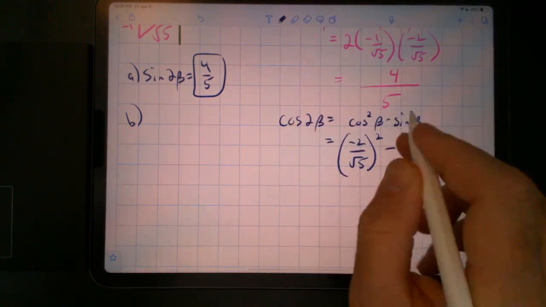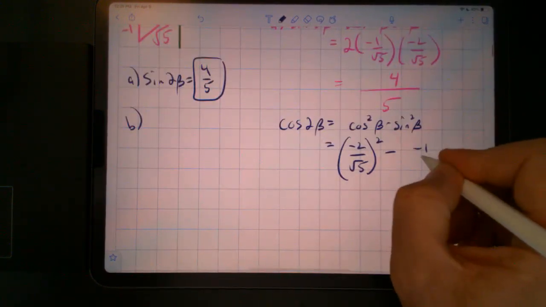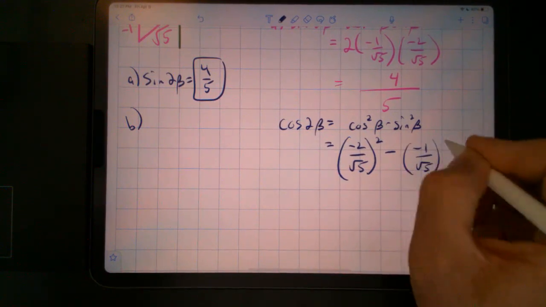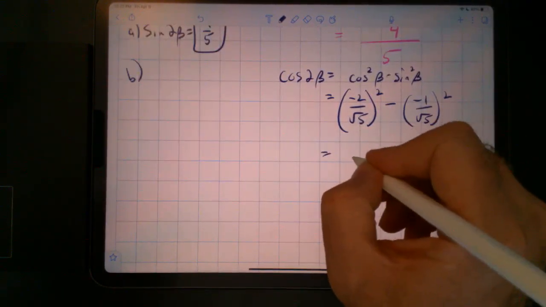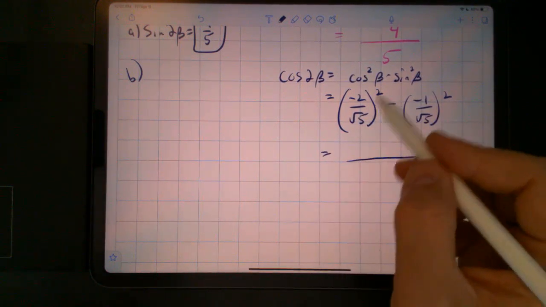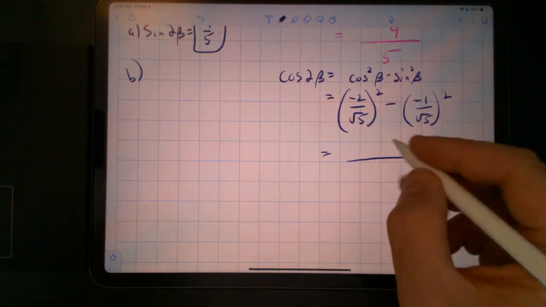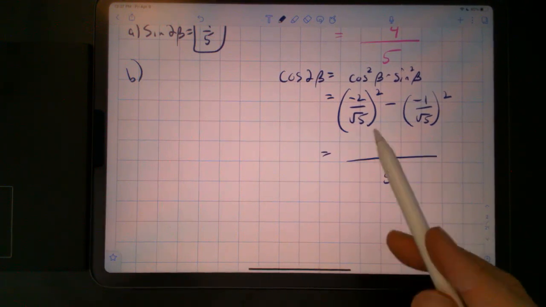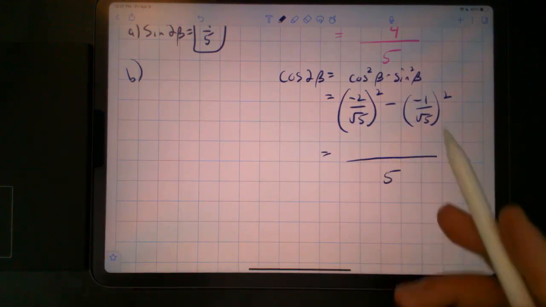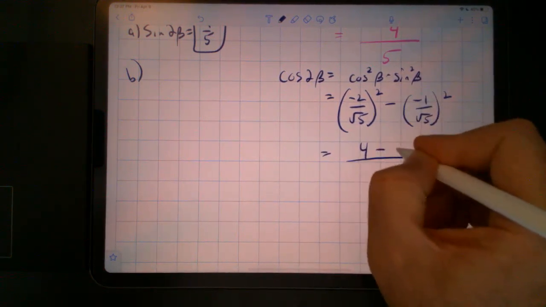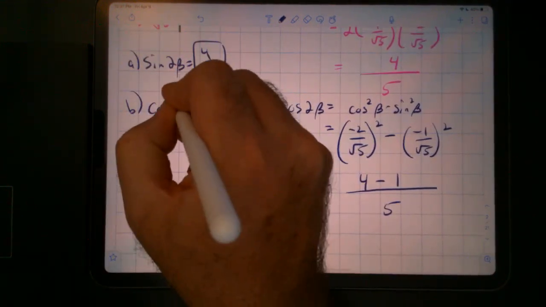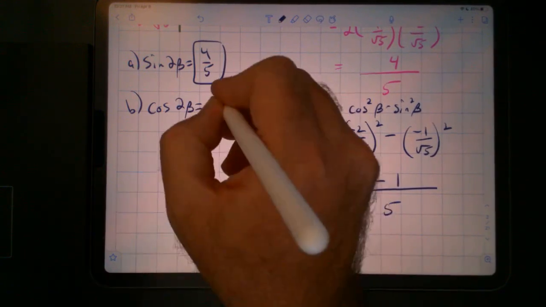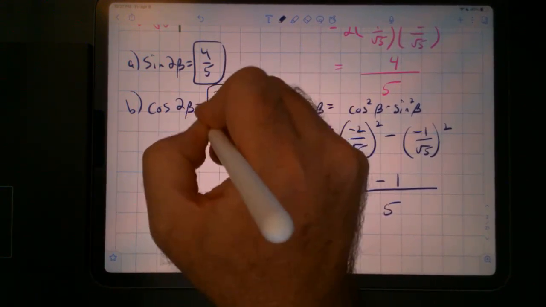We're going to square that, minus negative 1 over radical 5 squared. Your denominator will be 5 on both of them, since radical 5 squared is 5. So here we have 4 minus 1, or 3/5. So cosine 2 beta is equal to 3 over 5.